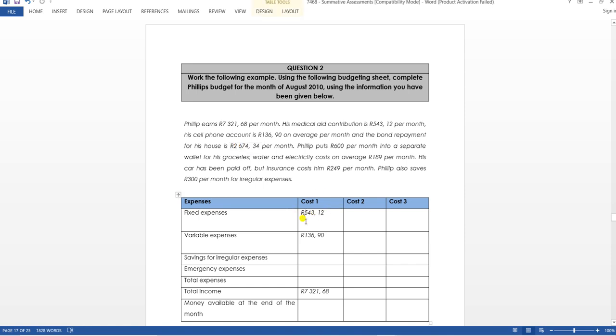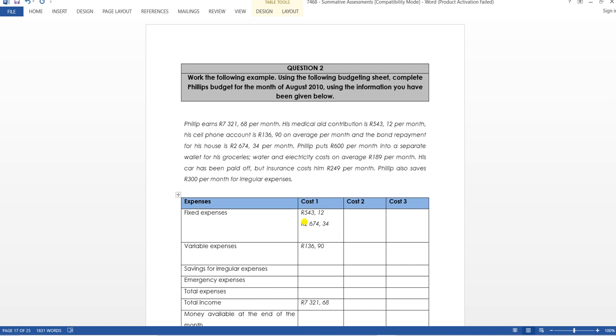That's more of a fixed amount. And he puts 600 per month into a separate wallet on average, so this is more of your variable.